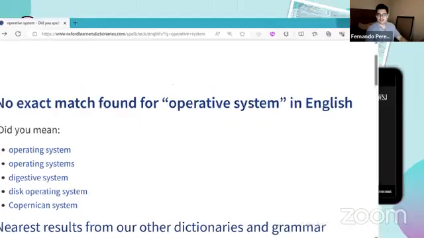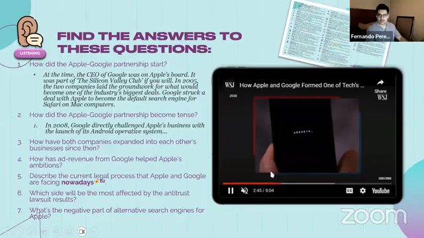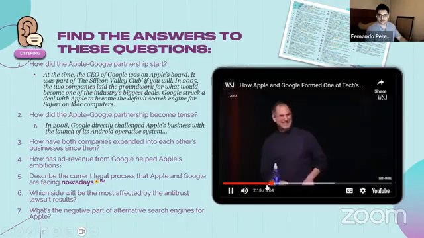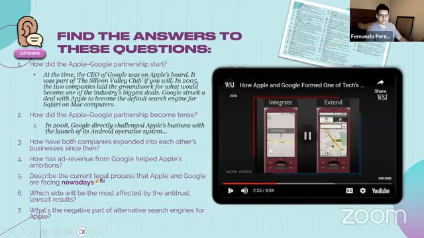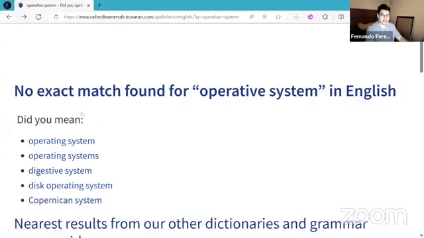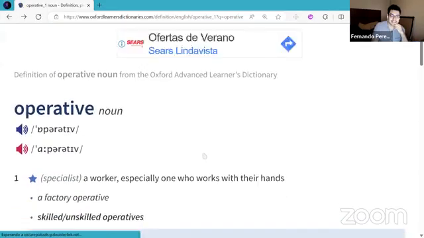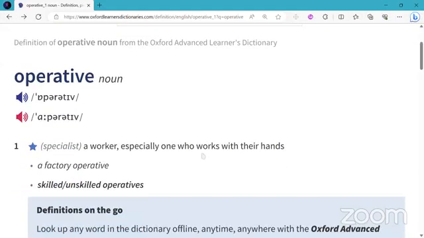Let me check. Eric Schmidt, that Google was issue, of its Android operating system. It's operating, not operative. Oh my God. I usually say operative system and I am speaking in Spanglish. Very bad.